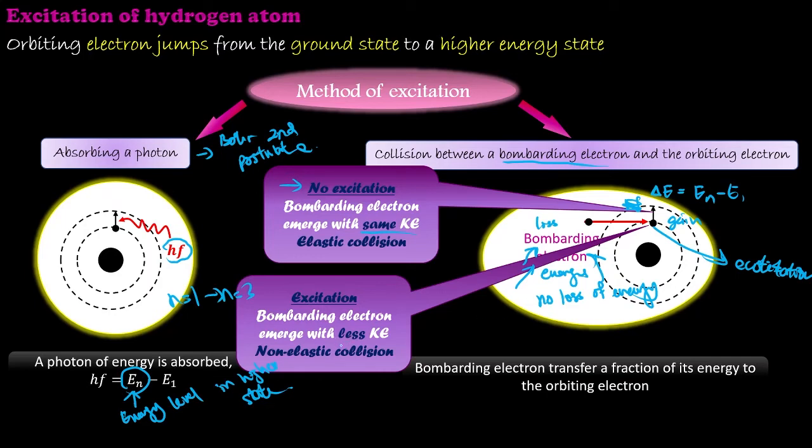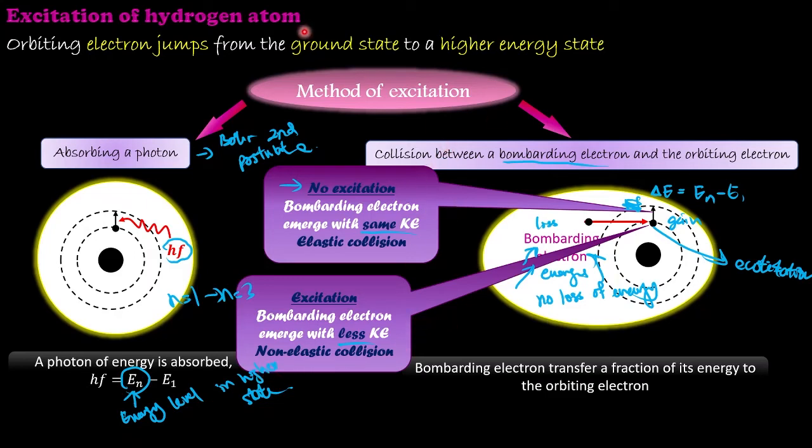So when energy is lost from the bombarding electron, the bombarding electron now has less kinetic energy compared to before the collision. I repeat: when the bombarding electron collides with the orbiting electron and this electron gets excited to a higher orbit, the bombarding electron has lost part of its kinetic energy to the orbiting electron, so it now has less kinetic energy. When kinetic energy is lost, it is a non-elastic collision.